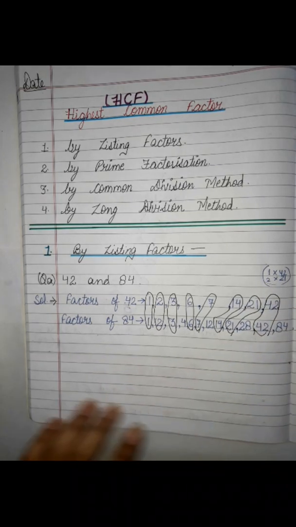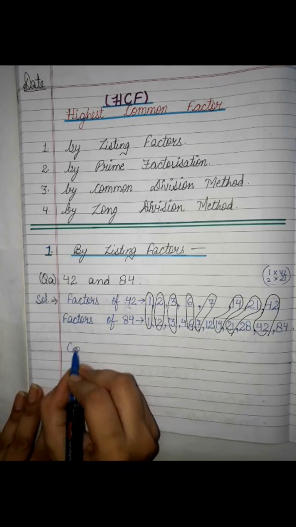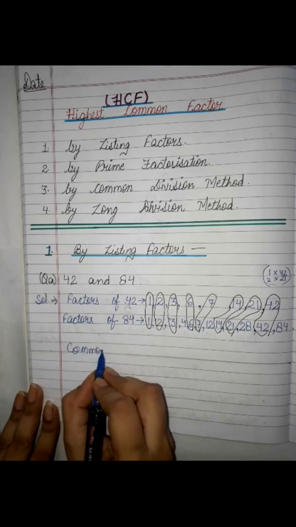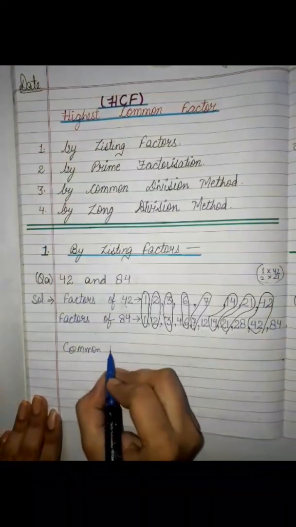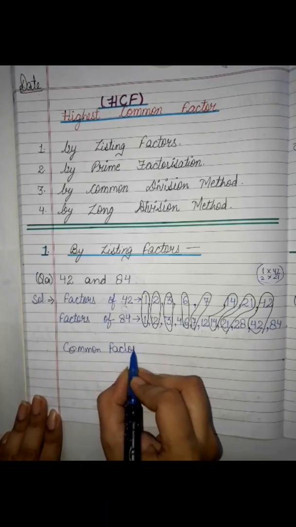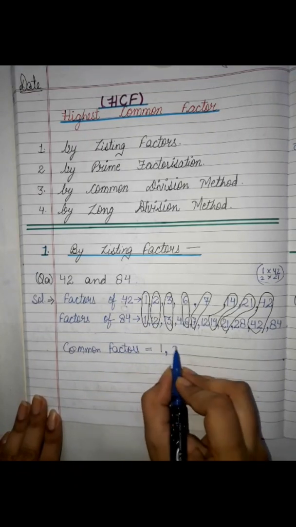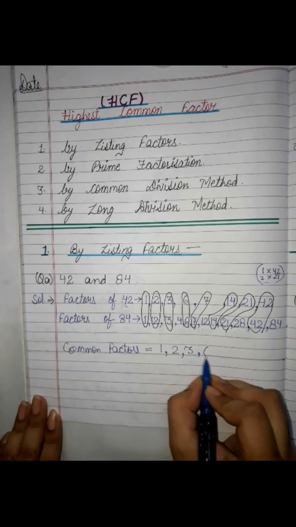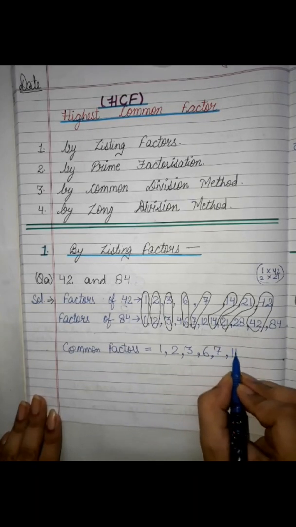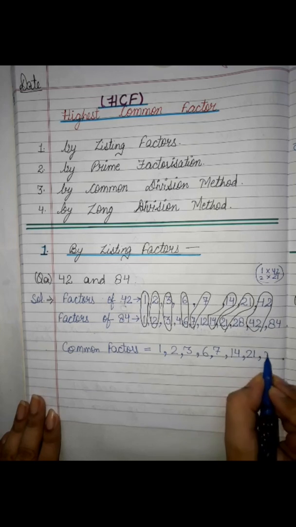So these are the common factors. So here we can write common factors is equal to 1, 2, 3, 6, 7, 14, 21 and 42.